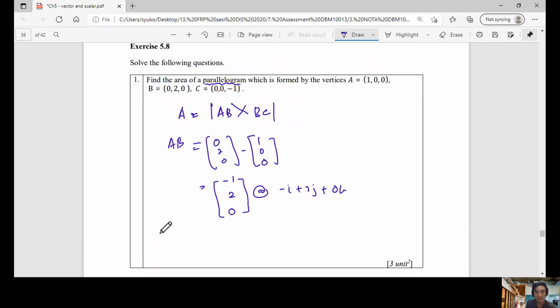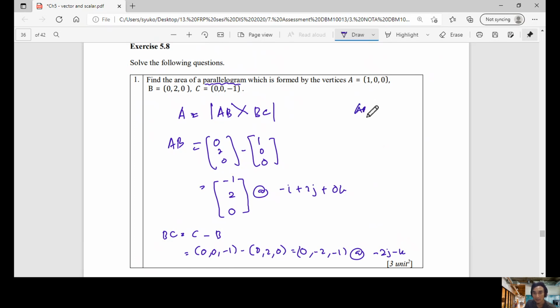Then continue with the BC, which is C minus B. So C equals 0, 0, negative 1 minus B, 0, 2, 0. So that we will get the answer 0, negative 2, and then negative 1, or negative 2j minus k.